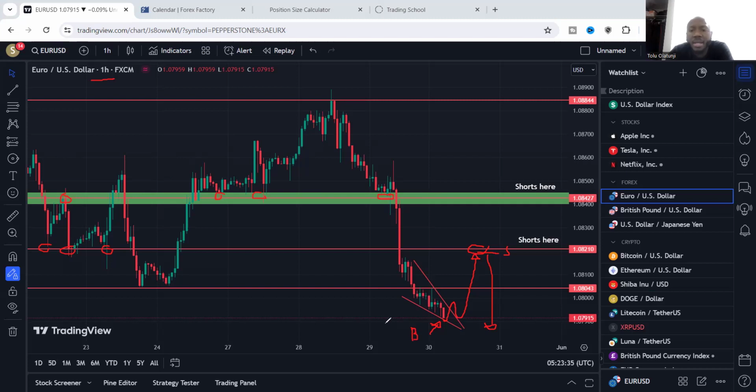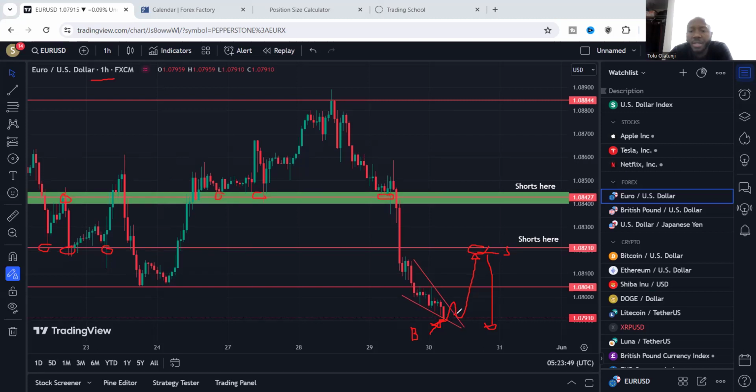Whether you are a buyer or a seller, depending on whether you are going with the trend or against the trend, it's always good to know your areas of entry. For buying, you could enter somewhere here, or when it breaks out of this falling wedge, you could look for a buy on the pullback of the broken upper trend line to push higher. So either here or here, whatever the case might be.